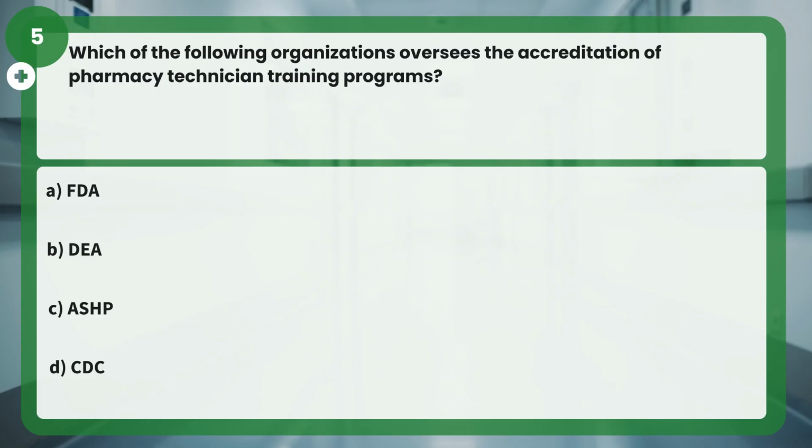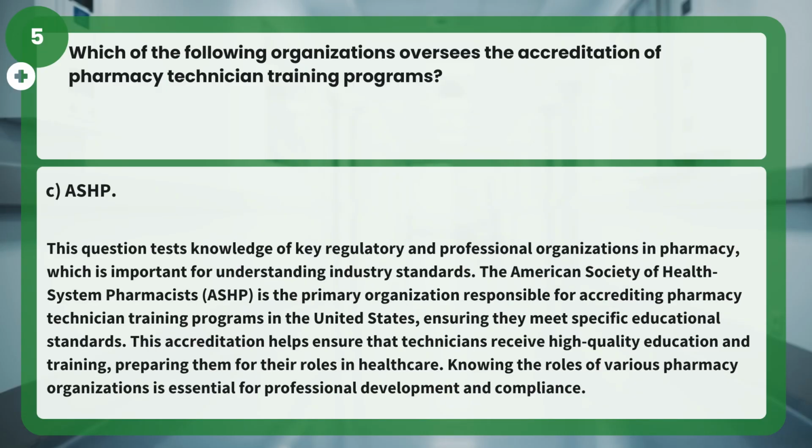Answer: C. ASHP. This question tests knowledge of key regulatory and professional organizations in pharmacy, which is important for understanding industry standards. The American Society of Health System Pharmacists, ASHP, is the primary organization responsible for accrediting pharmacy technician training programs in the United States, ensuring they meet specific educational standards.